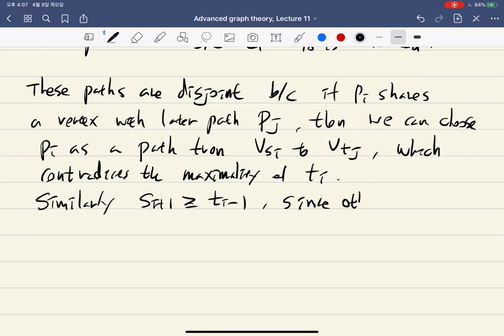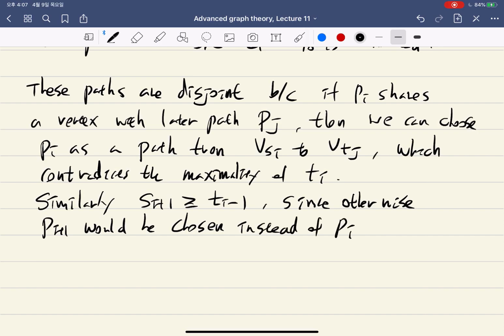Since otherwise, P(i+1) would be chosen instead of Pi.